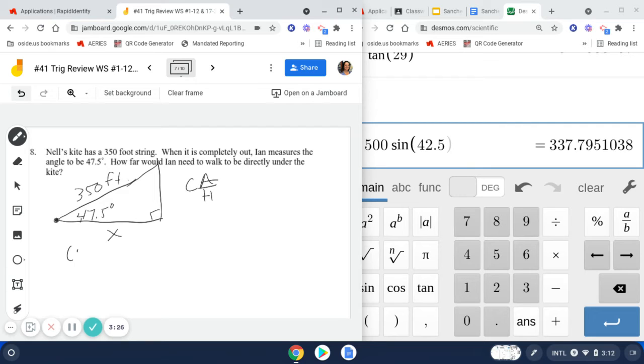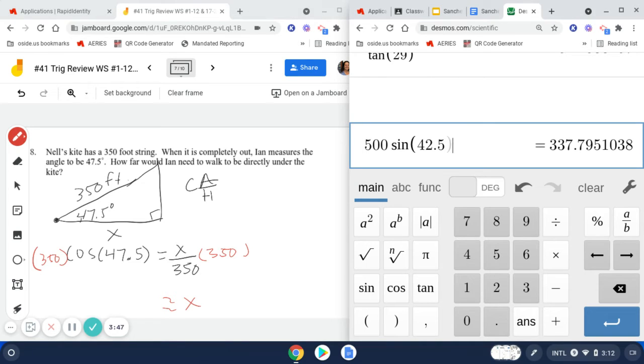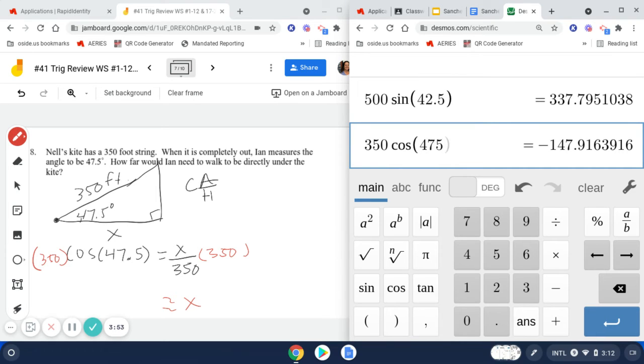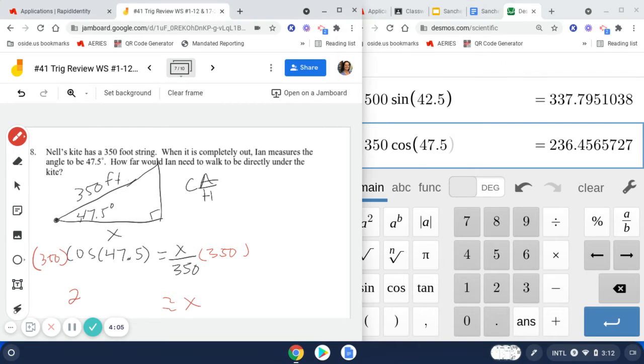It's our cosine function. Cosine of 47.5 degrees is equal to adjacent over hypotenuse. Multiply by that 350 to both sides. Plugging into our calculator, 350 times the cosine of 47.5, 236.46 feet.